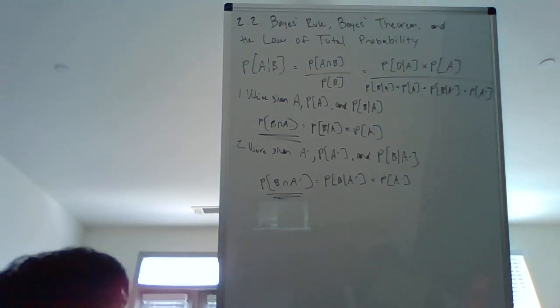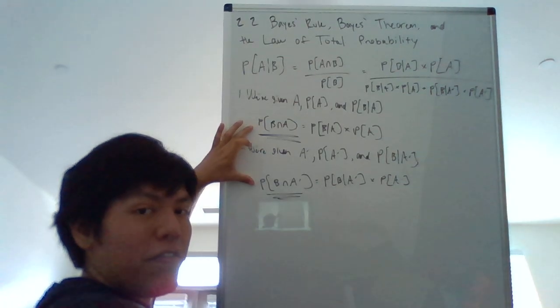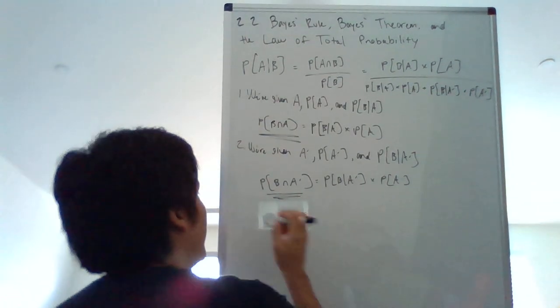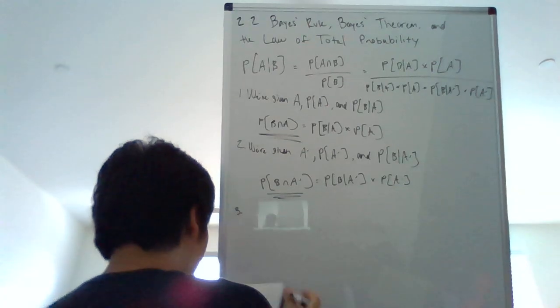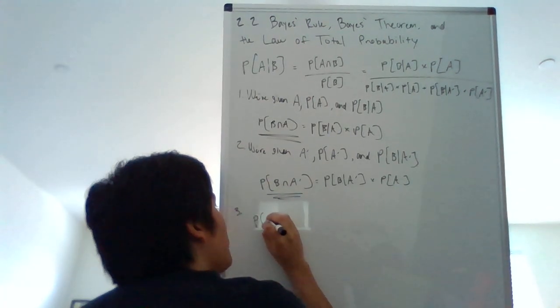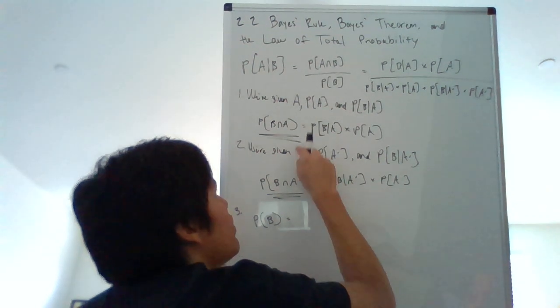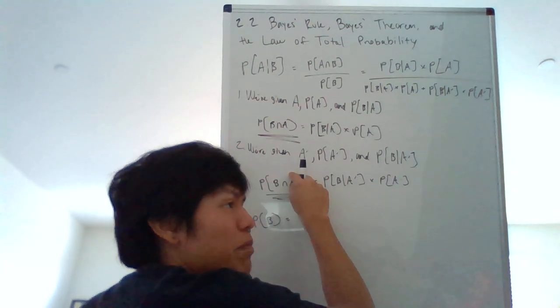Okay, step 3. Now that we have these two probabilities of these intersections, what we can find is that the probability of B is equal to these two intersections added up.